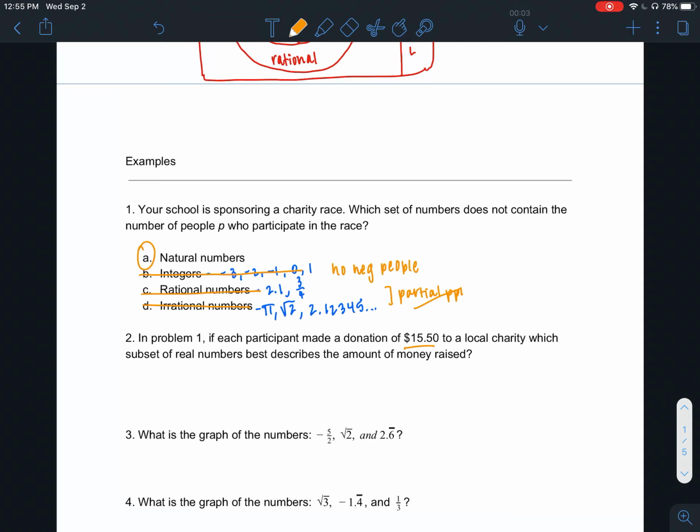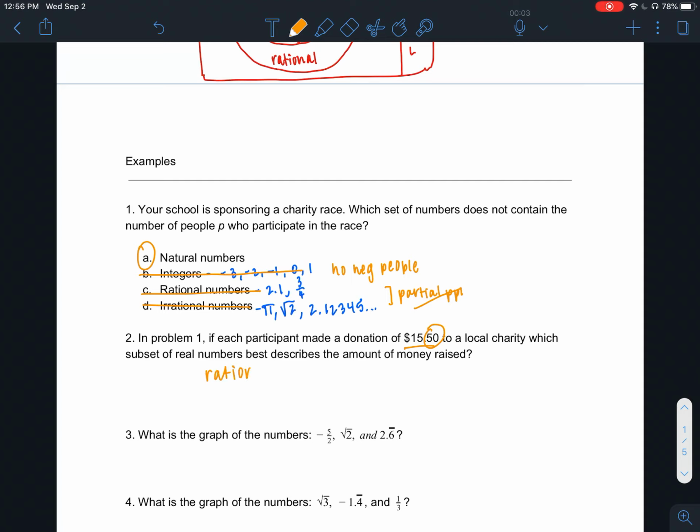Natural numbers make sense because we can't have negative amounts, but that doesn't include decimals. Integers, same thing, doesn't include decimals, whereas rational numbers does. If we were just taking donations for $5 and gave no change back, then it would make sense to do integers or natural numbers, but because we have the 50 cents, we have the fraction, then rational numbers is our answer.